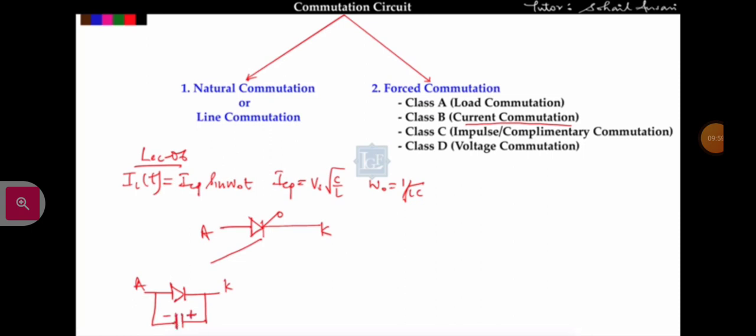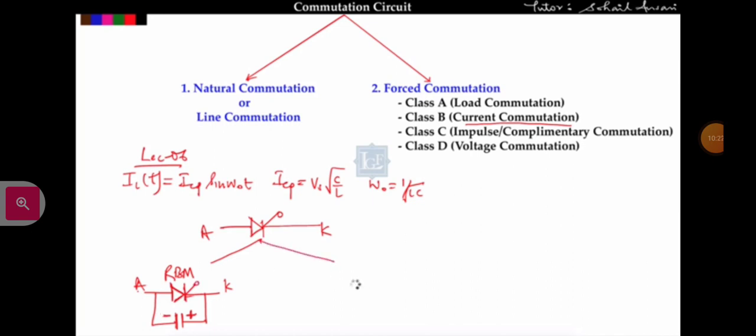Suppose I connect the capacitor such that the voltage across it is like this, then this SCR will be in turn off state because it will go into the reverse blocking mode. You can see that negative is connected with anode and positive with cathode. So it will go into the reverse blocking mode and turn off.